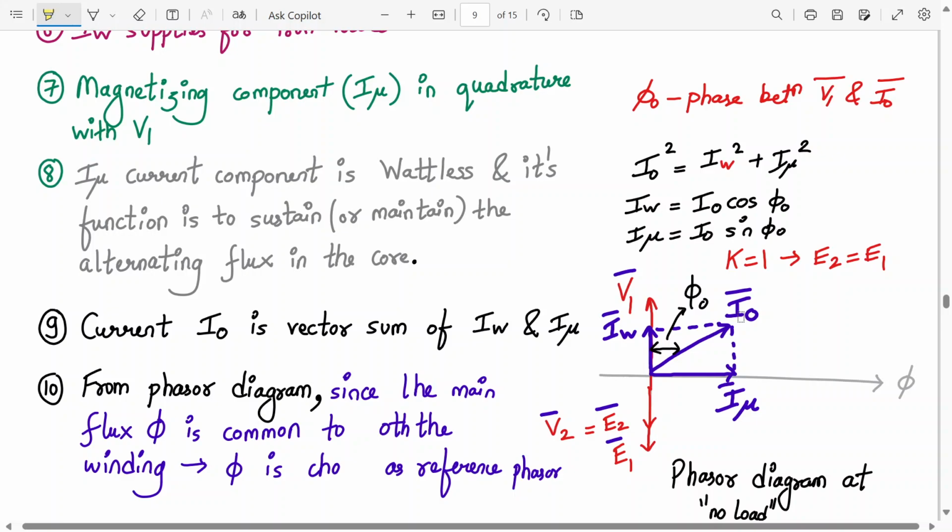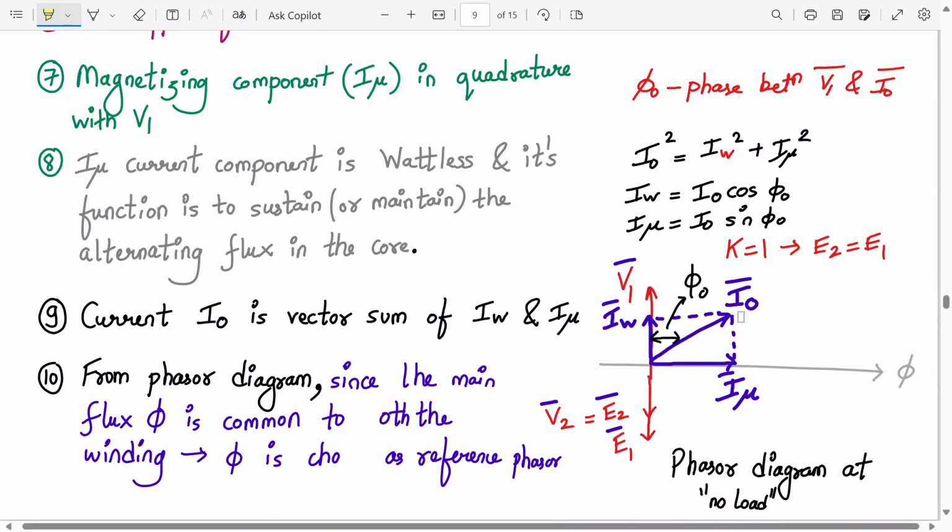So current I naught is the vector sum of IW and I mu. So since the main flux is common to the other windings, your phi is chosen as reference phasor.